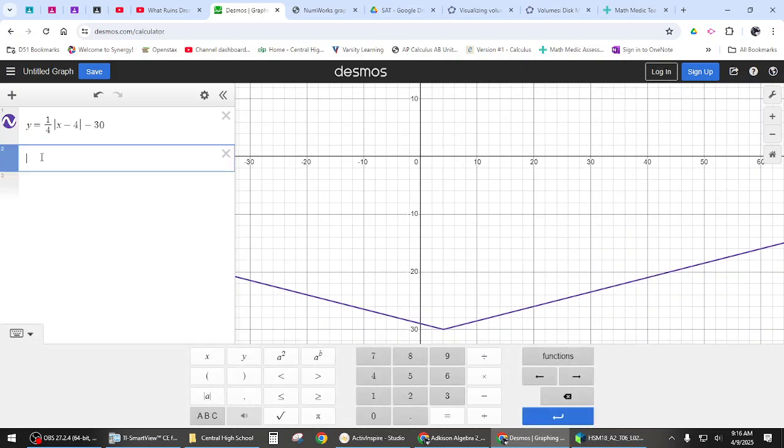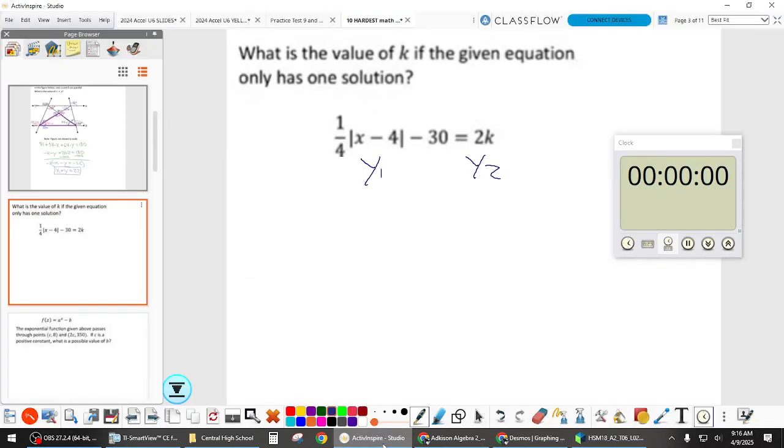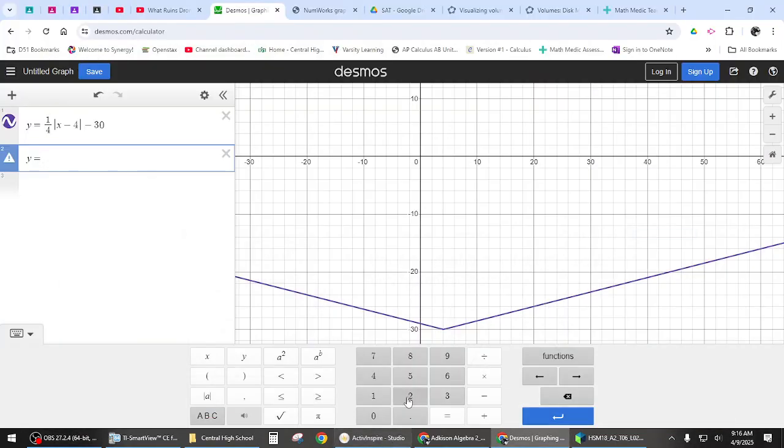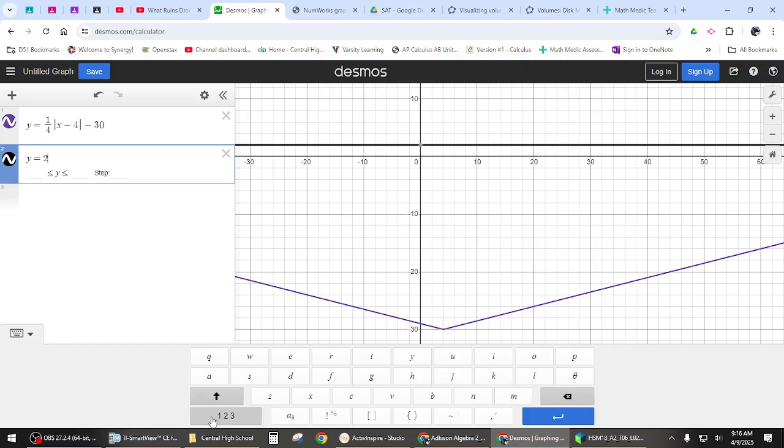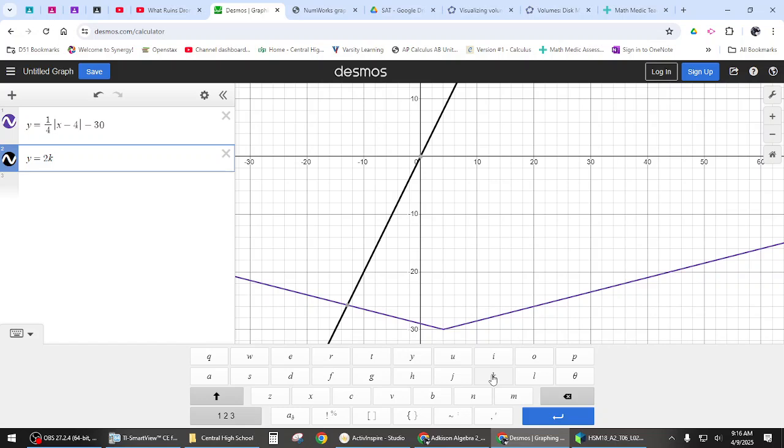Okay, for the other one, we're going to say y equals 2k. It doesn't have to be k, but might as well put it in. And we need to add a slider for k.